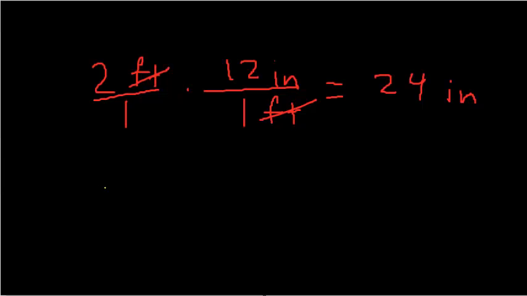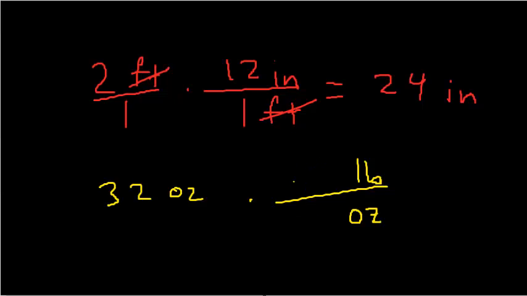Say now instead I have 32 ounces and I want to convert this into pounds. Again, I multiply by that ratio, what I have on bottom, what I want on top, and then fill in the appropriate numbers. 1 pound is 16 ounces.